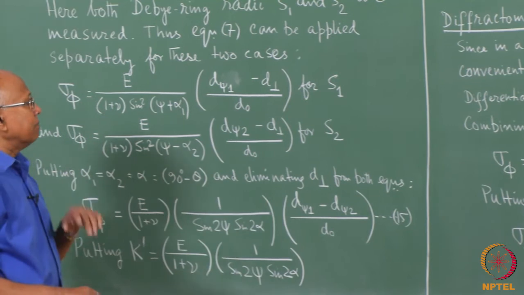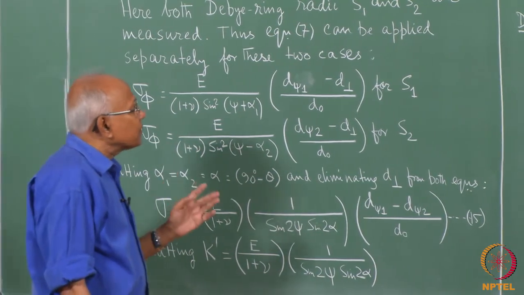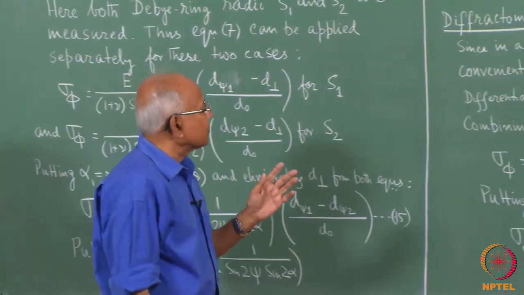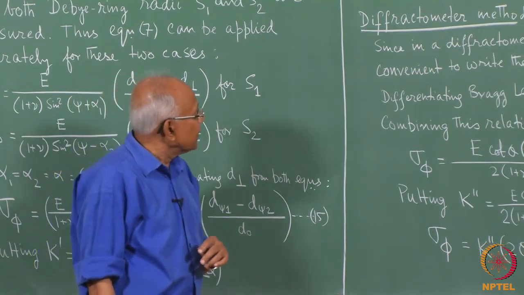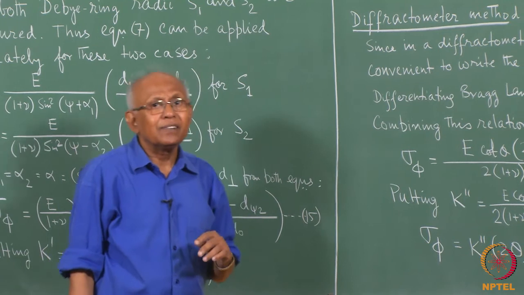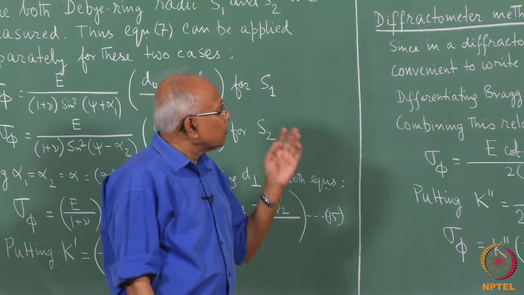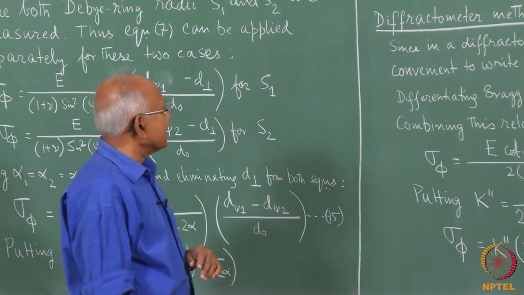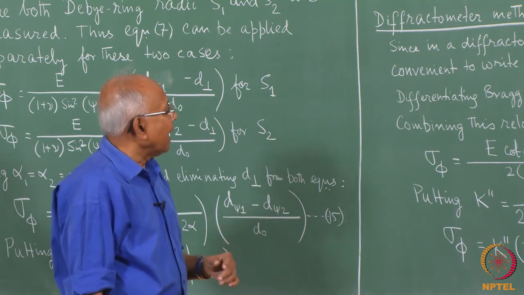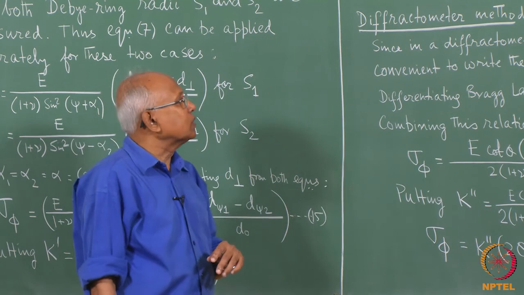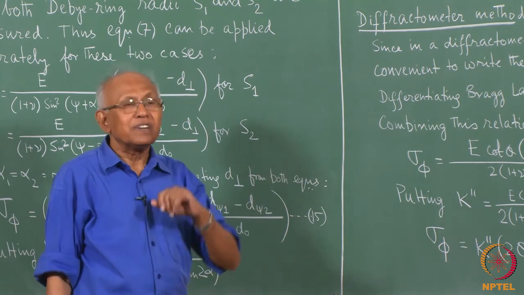There is another method by which we can measure stress, and that is the diffractometer method. Now, since in a diffractometer 2 theta is measured directly, it is convenient to write the stress equation in terms of 2 theta, not in terms of d.